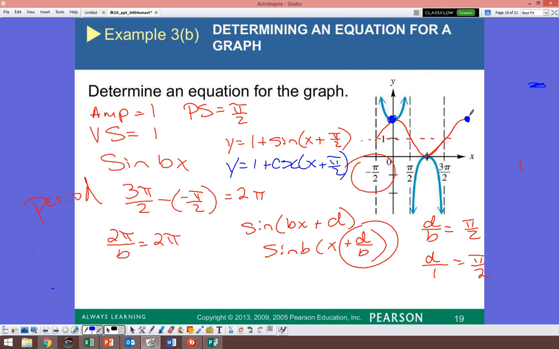So the notes are wrong for this whole wave. You could actually do this: even if you say it's a secant, if you graph the secant function without the phase shift, you'll get the same answer. If you graph this, or graph the secant without the pi over 2, it's 1 plus secant x, and they're both going to be right on top of each other.